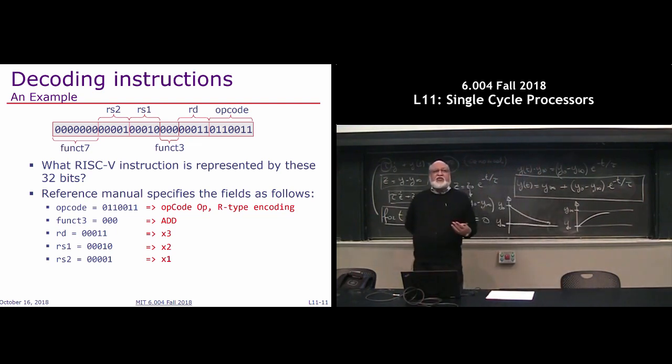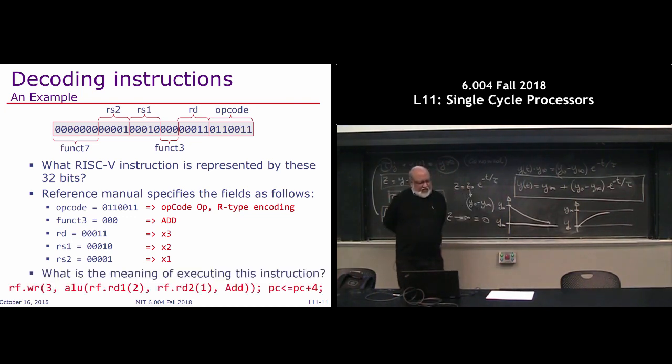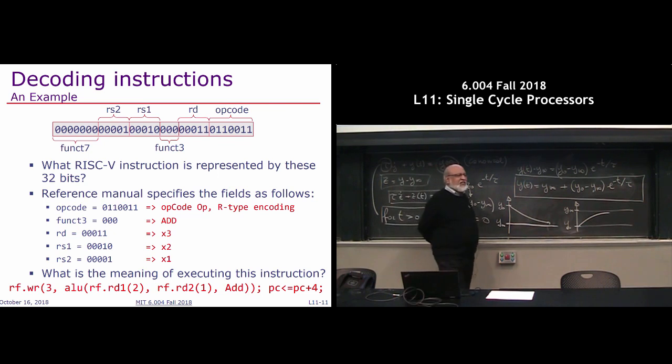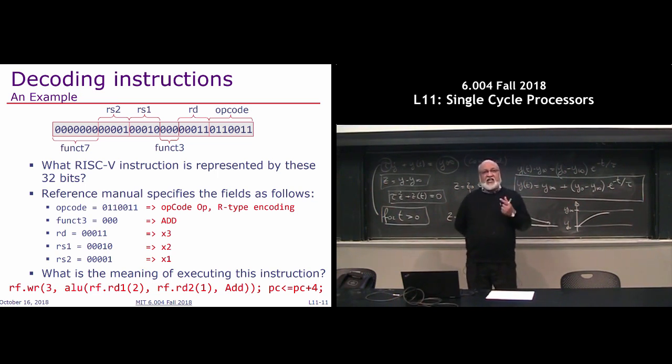So now, whenever you see this, the so-called semantics, the meaning of this instruction, is something like this. Let's see if this makes sense. It says read the register file, the second register and the first register, and add them together. How? By calling the ALU function, and whatever result you get, where are you going to store it?